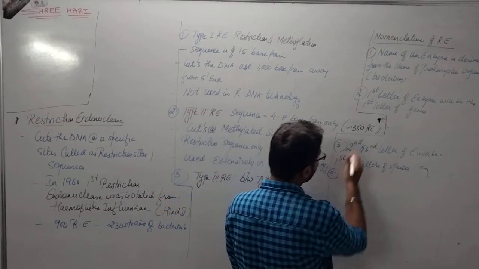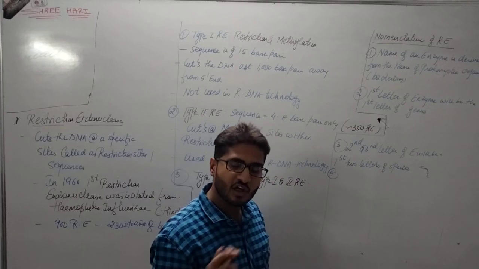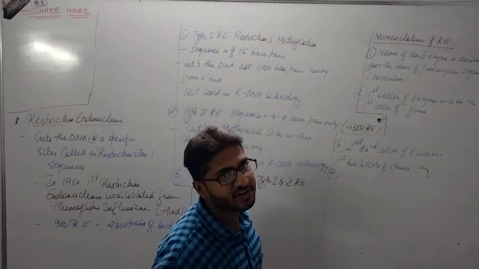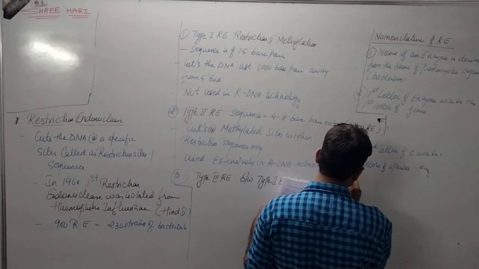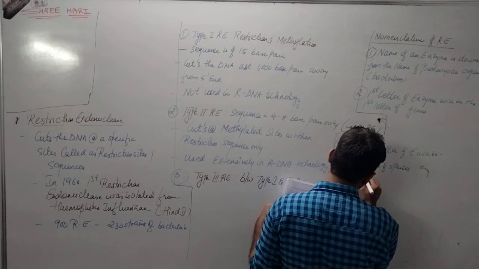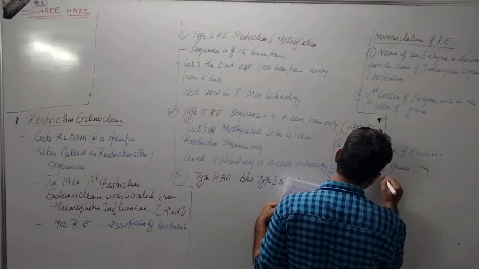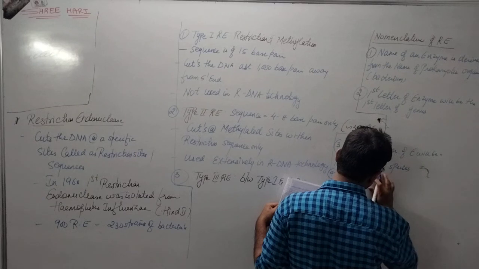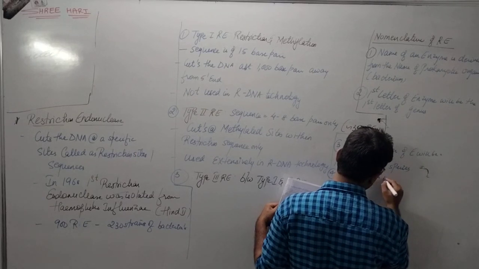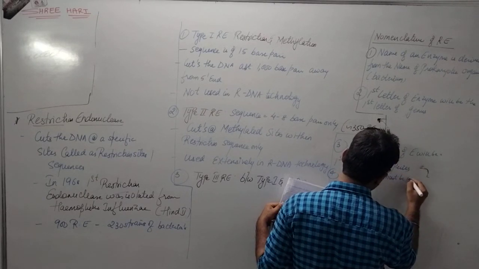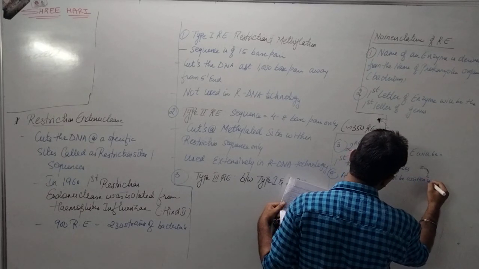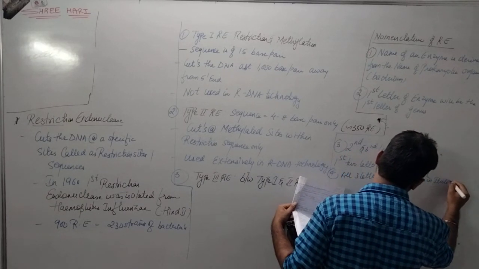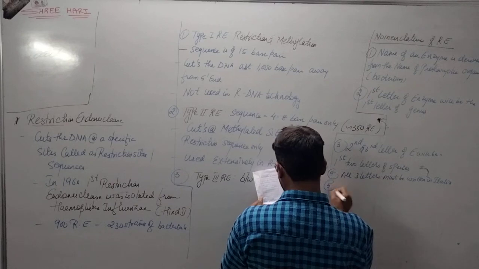The fourth rule is that the first, second and third letters must all be written in italics.